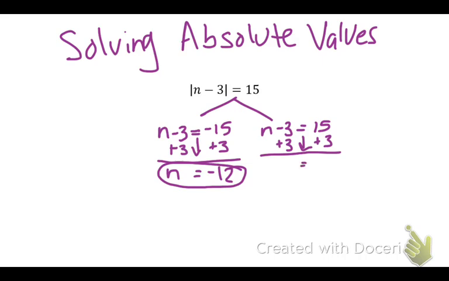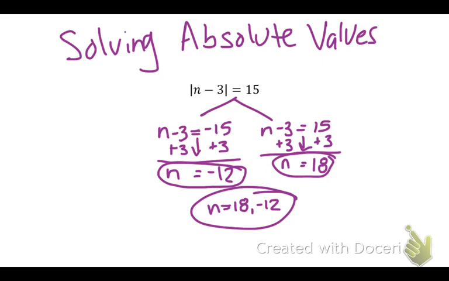On my left-hand side, again, I'm left with just n. But on the right-hand side, 15 plus 3 is 18. So that is the other half of my answer. So n could equal 18 or n could equal negative 12. Both of those are my possible answers.